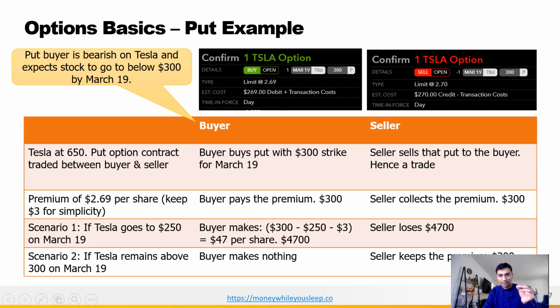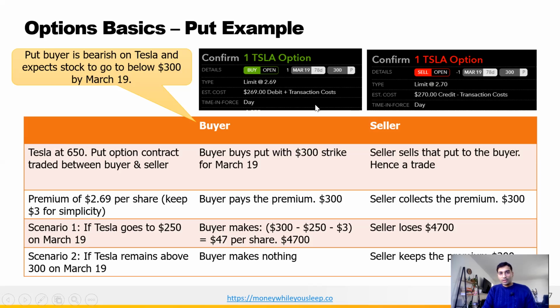The reason is that when I took this example, Tesla was at around $650, so $1,000 and $300 were almost nearby, I mean, similar. There are not too many people who are bearish about this particular stock, and hence the premium is also so low. Nobody is buying it. There is no demand for this particular contract. So this is just one way of looking at it.